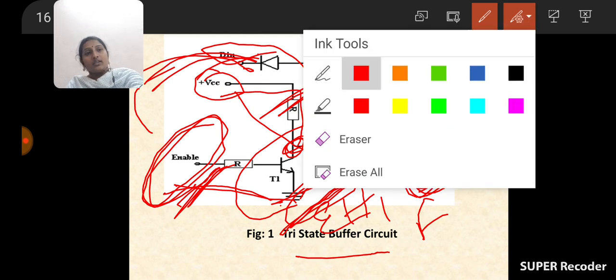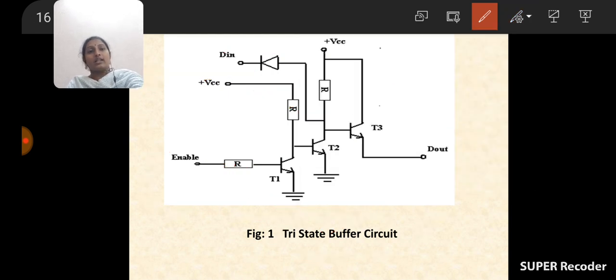Okay, so this is the circuit diagram of the tri-state buffer. How many transistors are there? 3 transistors are there. Emitters of T1 and T2 are connected to ground. Output is available at the emitter of T3, and the enable signal is given to the base of T1, and collectors of T1, T2, T3 are connected to supply voltage VCC.